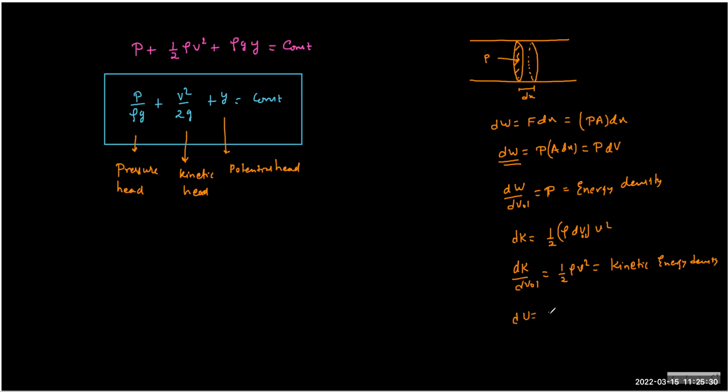Potential is how much? dm g h, and dm can act as rho d volume into g y. So du by d volume, and therefore we can say this is potential energy density. So you can see that there are multiple ways to interpret.